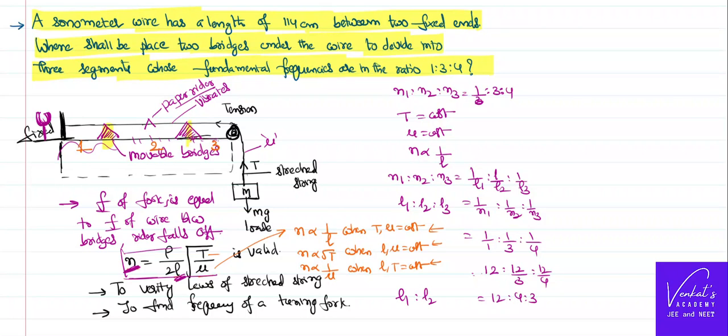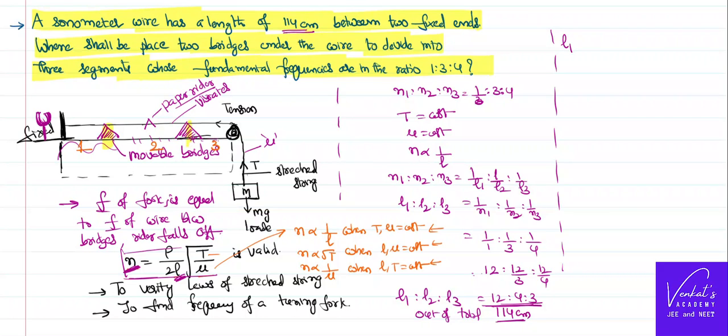So it shall divide the wire into three segments having lengths in the ratio of 12 is to 4 is to 3 out of a total of 114 centimeters given for you. So for what is being said in the given problem, the lengths shall be in the ratio of 12 is to 4 is to 3. This 114 has to be divided in this ratio.